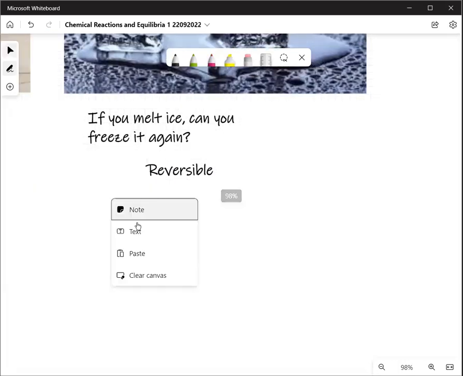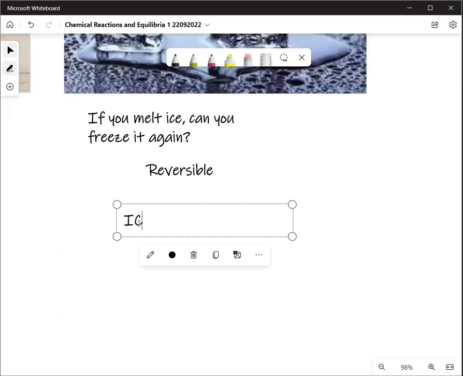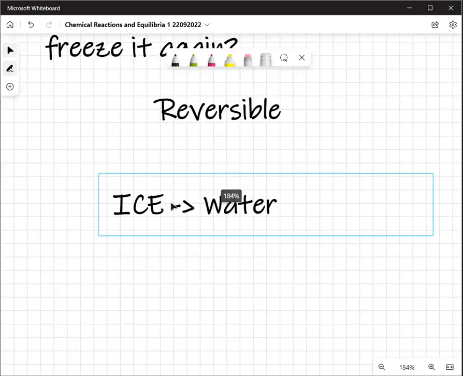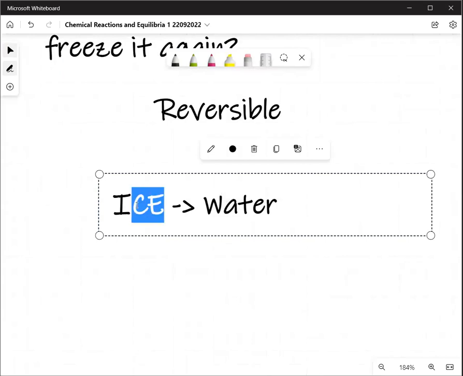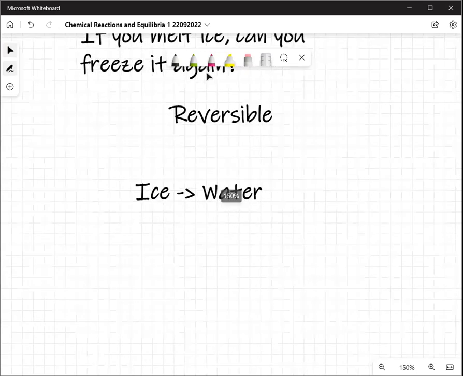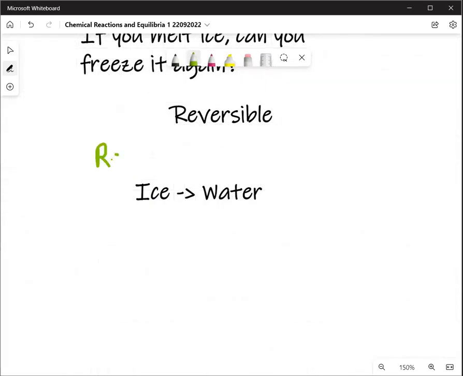Now, what does this look like? What happens is you have ice and you'll have water. Now, this is not a reversible reaction. This is just a reaction, which is telling us that the reactant is ice, and this is the product.